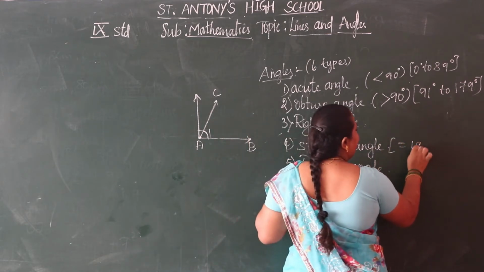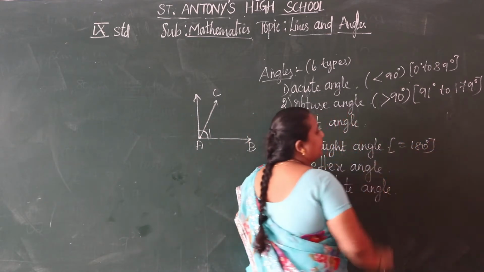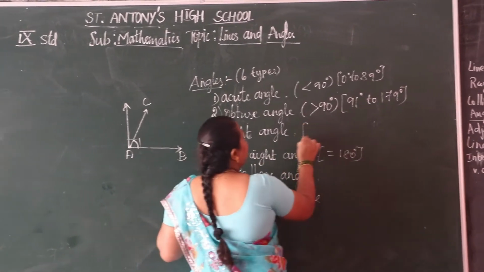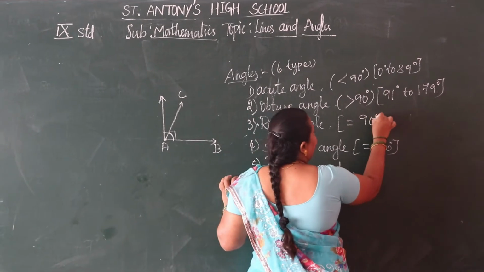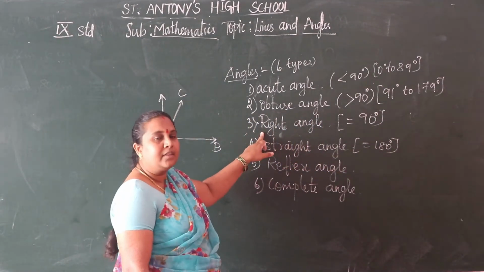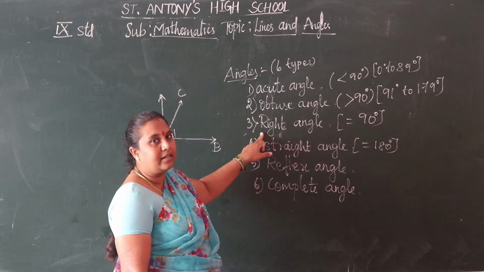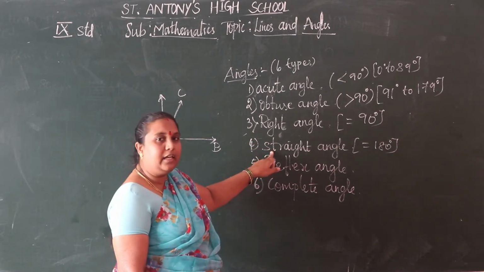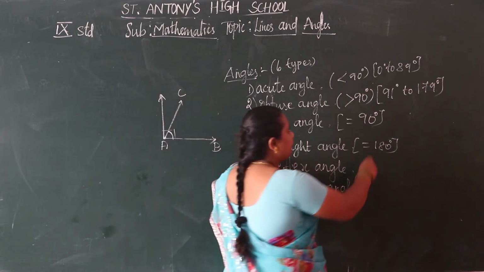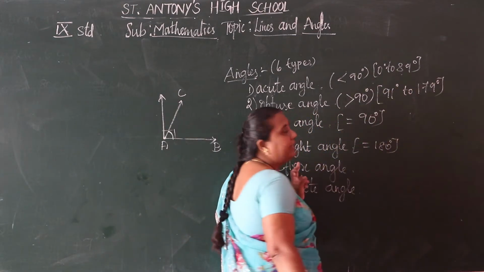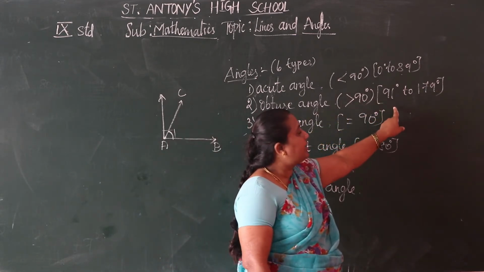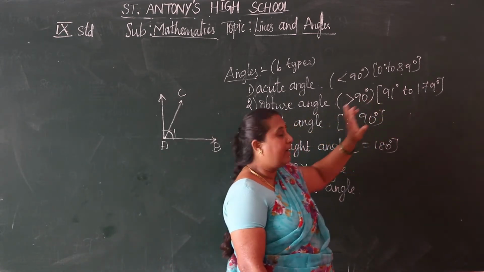Exactly 180 degrees means a straight angle, and exactly 90 degrees is a right angle. Less than 90 degrees is an acute angle, and more than 90 degrees is an obtuse angle.